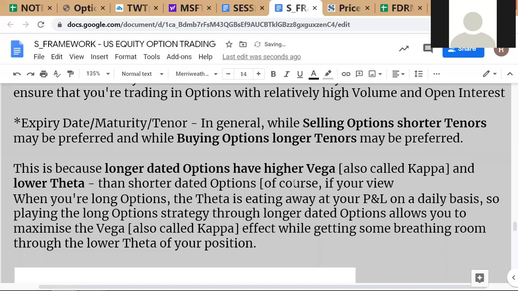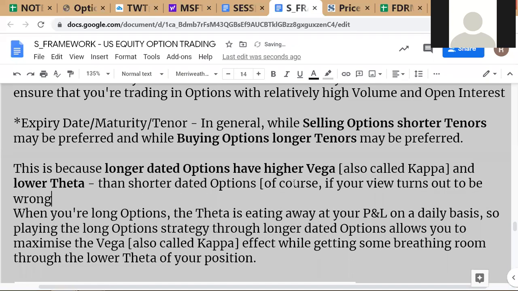If your view turns out to be wrong, you will also lose more money than you would have if you had bought a shorter tenor.